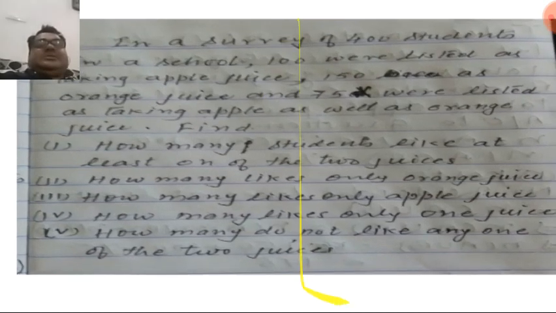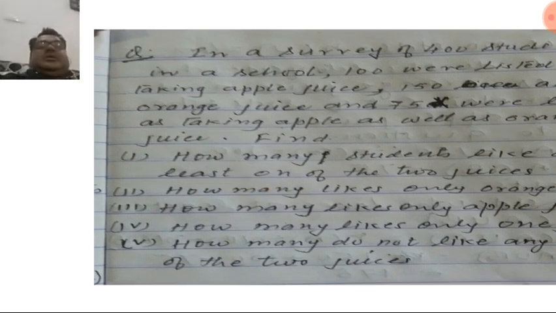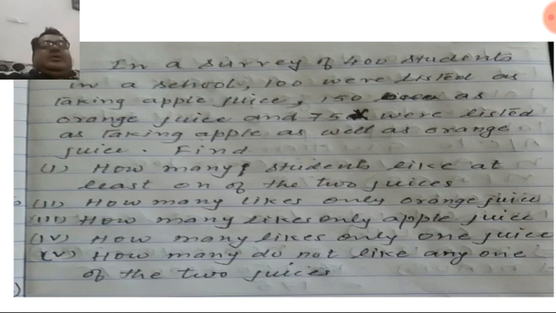The question is: in a survey of 400 students in a school, 100 students liked apple juice and 150 students like orange juice, whereas 75 students like both types of juices.